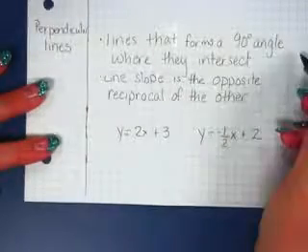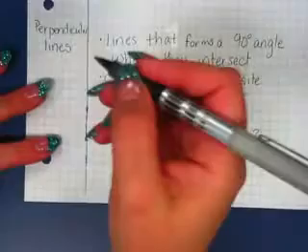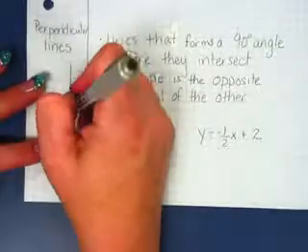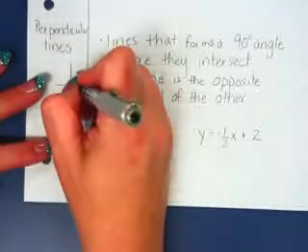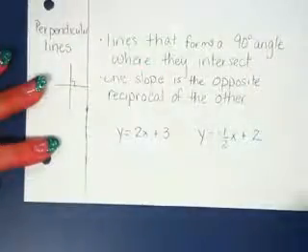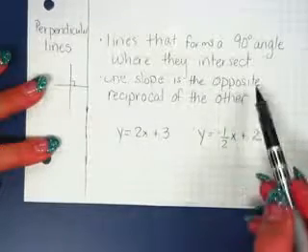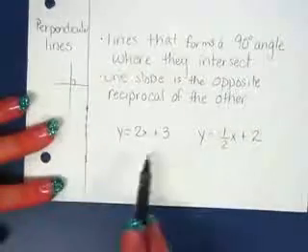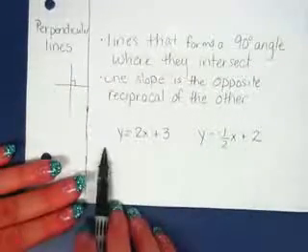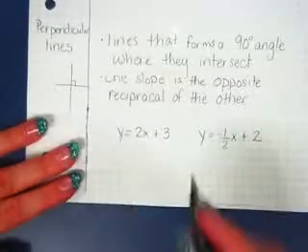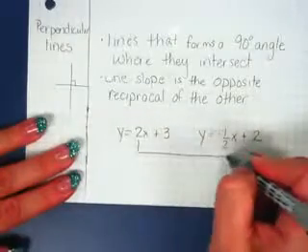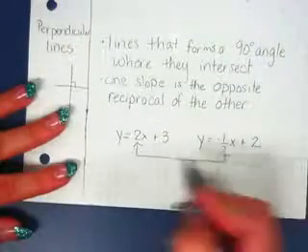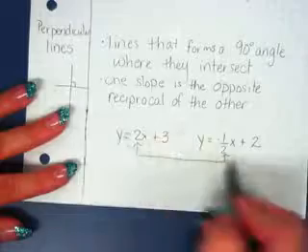A perpendicular line is a line that forms a 90-degree angle where they intersect. One slope is the opposite reciprocal of the other. So this is a little tricky here. You'll notice these two lines are perpendicular, and here's how I know. You look at your slopes. They are opposites of each other.